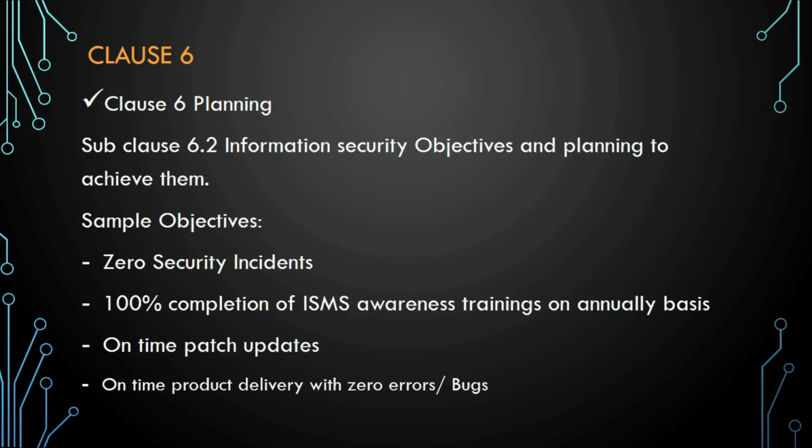And on-time product delivery with zero error is more in the product development part. You are developing a product and you tested everything, but unfortunately once you deployed it into the client environment, you get a bug, maybe a post-deployment bug.